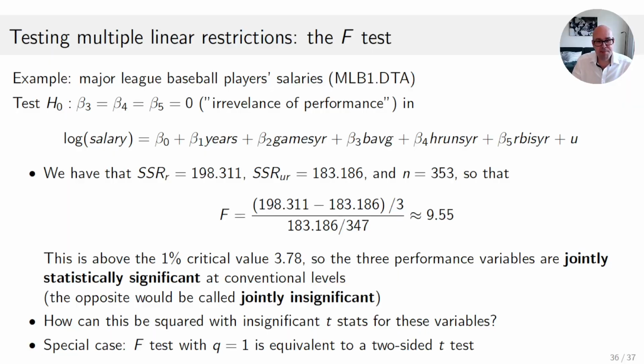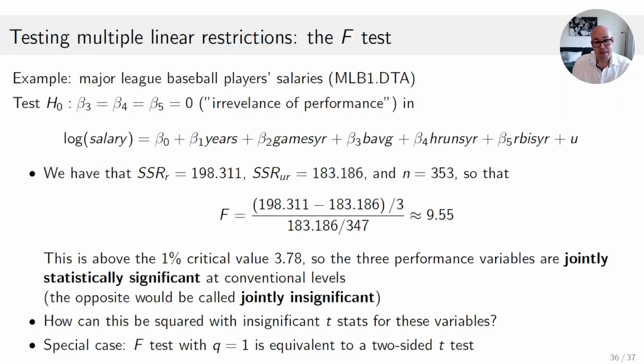Final comment here. There's a special case that is interesting. When you have one restriction for the F-test, then you're actually getting a two-sided t-test in the end of the day, because a two-sided t-test is about testing one restriction, and the F statistic is just the squared t statistic.